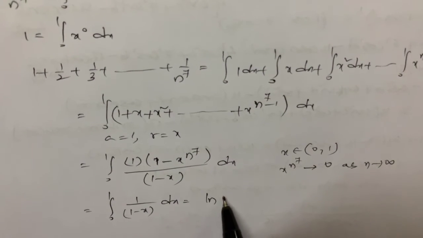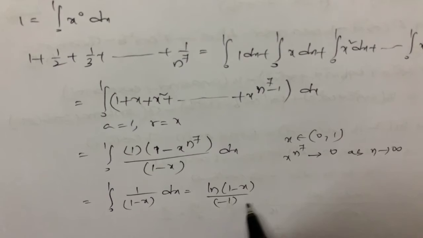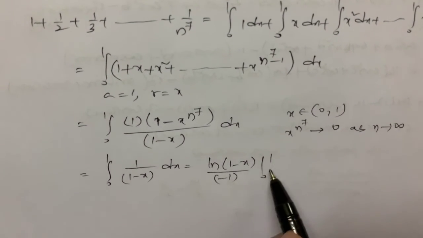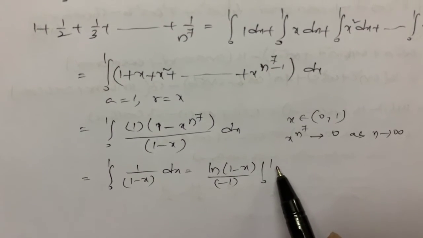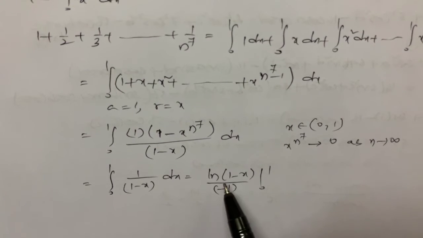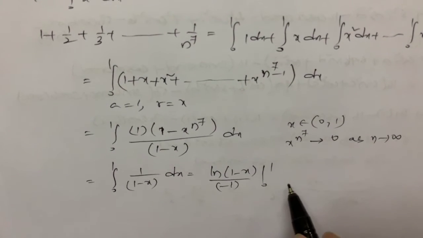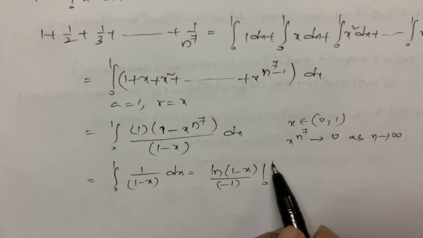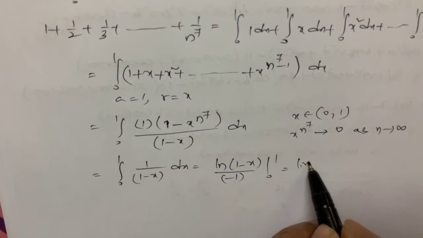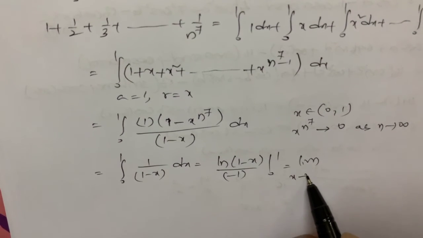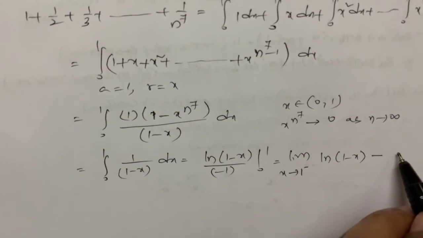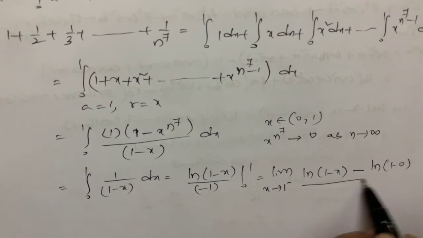So this is ln of 1 minus x by minus 1, from 0 to 1. If I directly substitute 1 here, it will be ln 0, so we cannot substitute directly. Whenever we write this, the upper limit means 1 minus, as we approach from the left. So limit x tends to 1 minus of ln 1 minus x minus ln 1 minus 0, by minus 1.